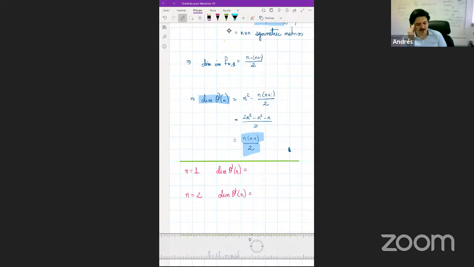For n equals 1, what is the dimension? 0. 0. And for n equals 2? 1. Okay.